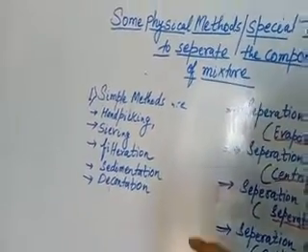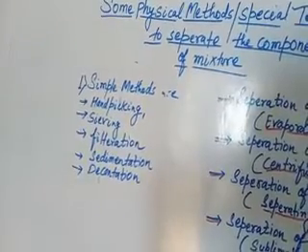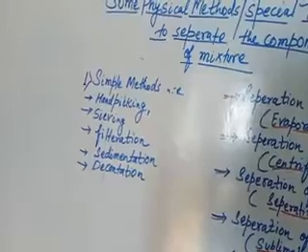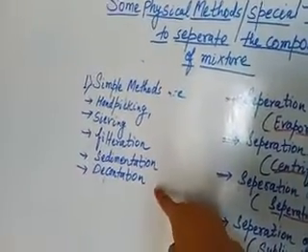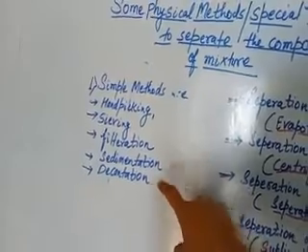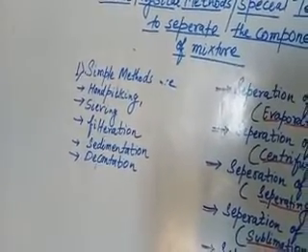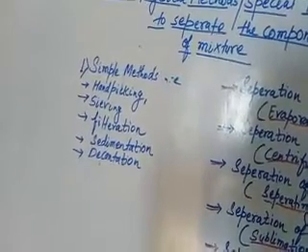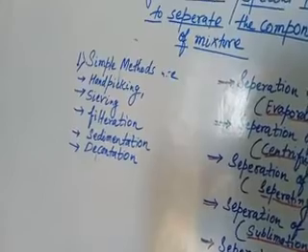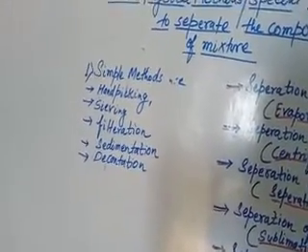a liquid mixture. Now sedimentation is a process in which settling down of heavier insoluble impurities takes place, and decantation follows the sedimentation process, where in decantation the sedimented liquid can be separated out by pouring it into another container very slowly without disturbing the settled sediment at the bottom of the container.